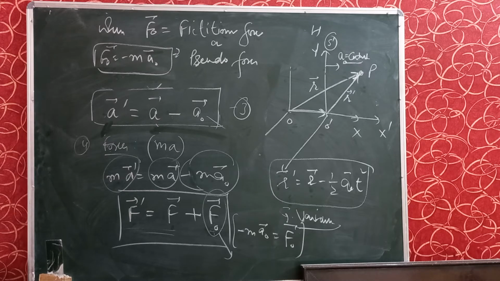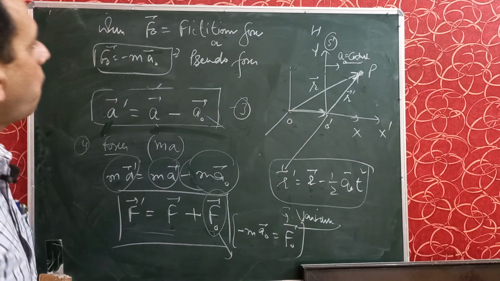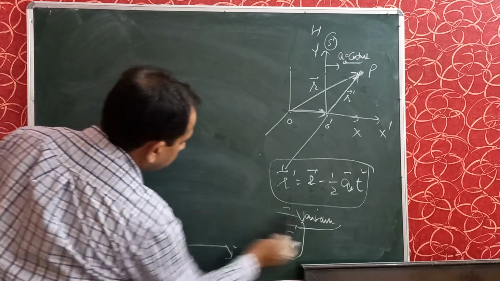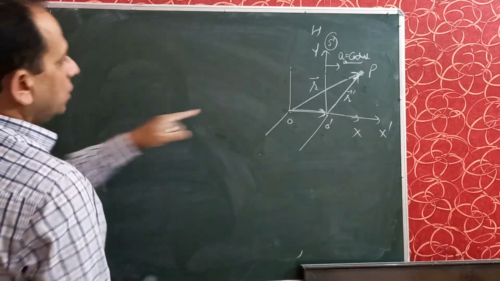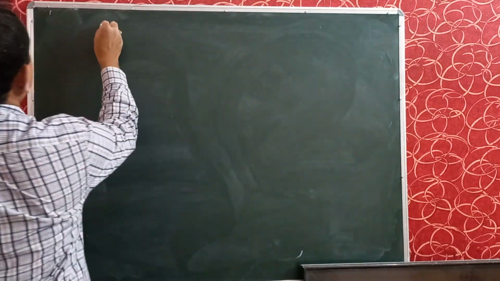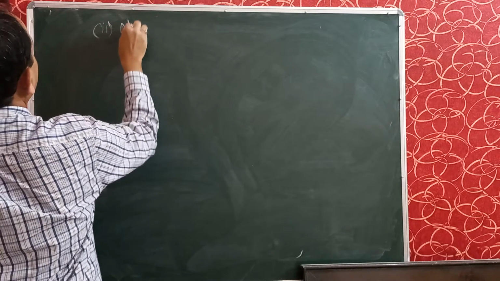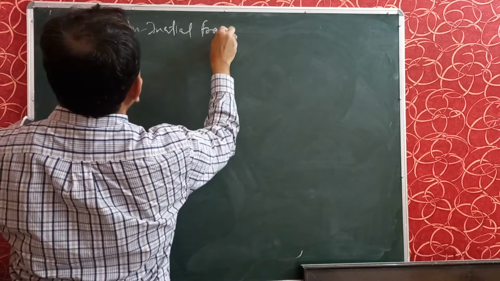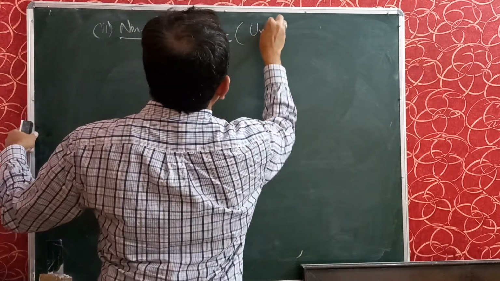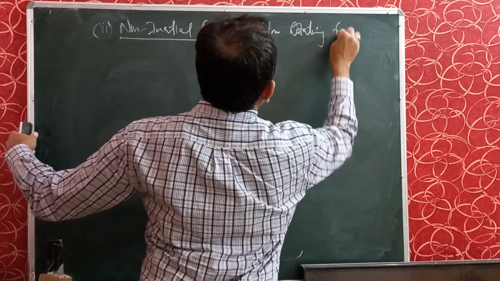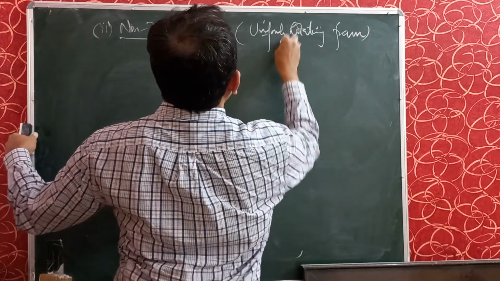Now, we will again solve these 5 parameters in the second non-inertial frame. So, what is the second non-inertial frame? We have studied the frame that is non-inertial, but now I am not taking that frame. The second part of non-inertial frames is again non-inertial, but it is a uniformly rotating frame.